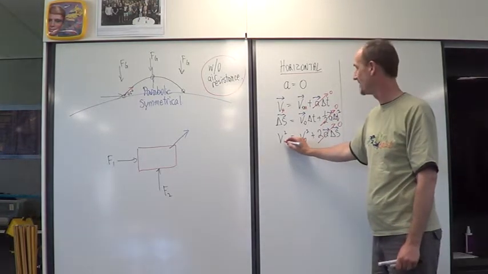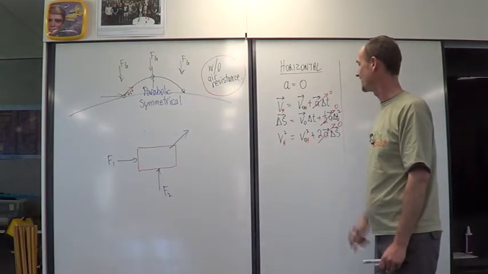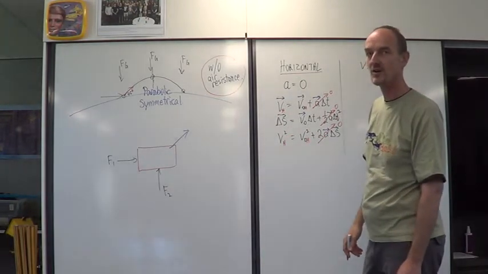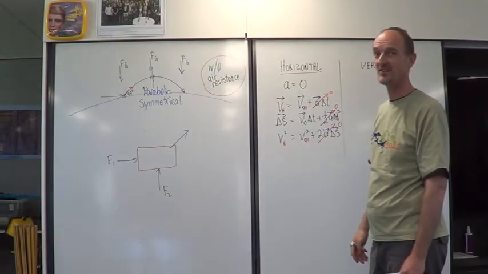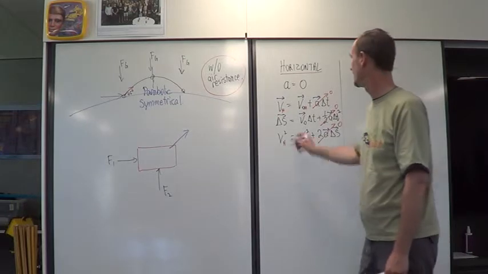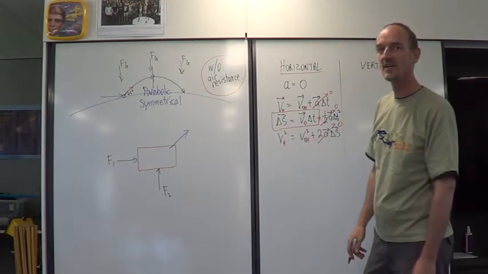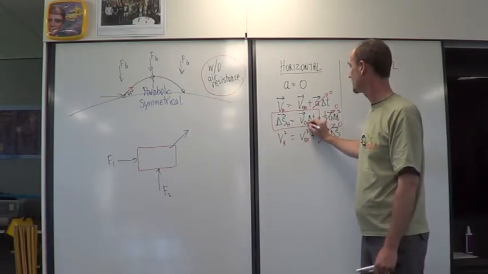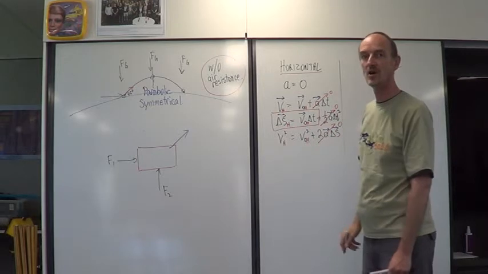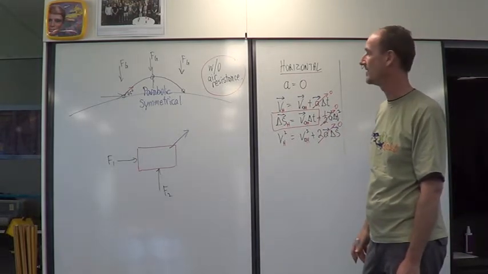Similarly, down the bottom, horizontal velocity squared is equal to the initial horizontal velocity squared. So that's not really telling us anything. So we're just left with this one equation, that the displacement in the horizontal is equal to the initial horizontal velocity multiplied by the time of flight.